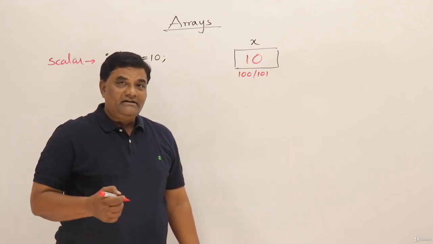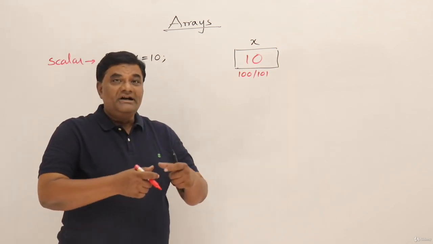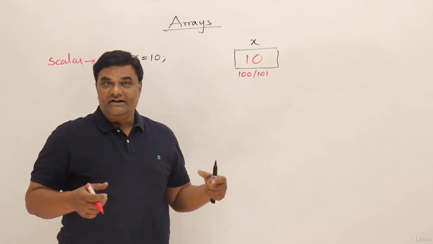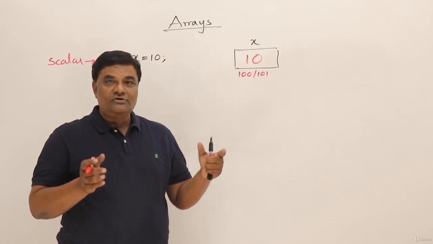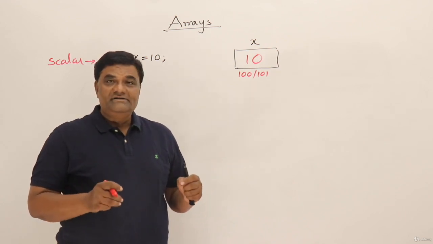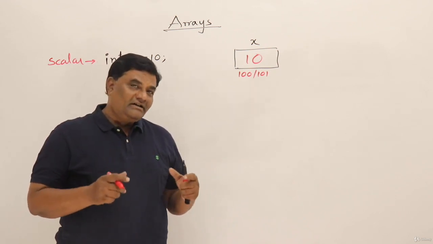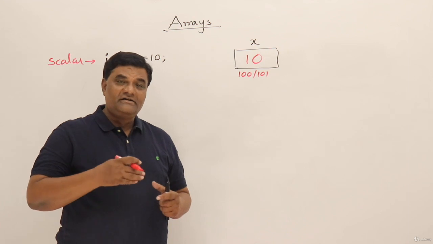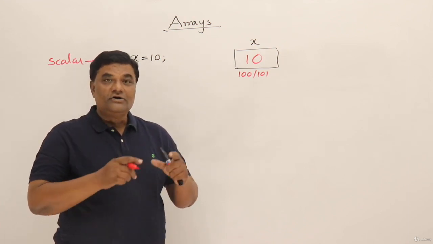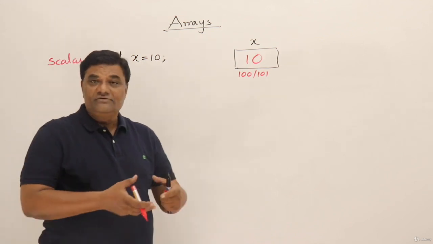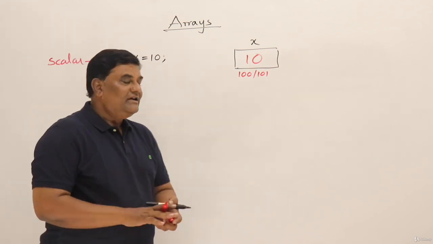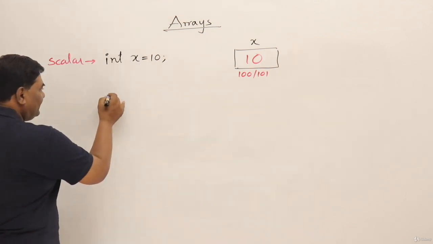Then what is an array? We can store multiple values, that is a list of values or a set of values. So array is a collection of elements and all the elements are of the same type. Array is a collection of similar data elements grouped under one name. Suppose instead of just one value, I have to store a list of values, then I can declare an array.